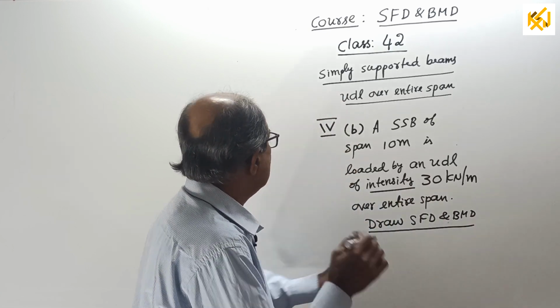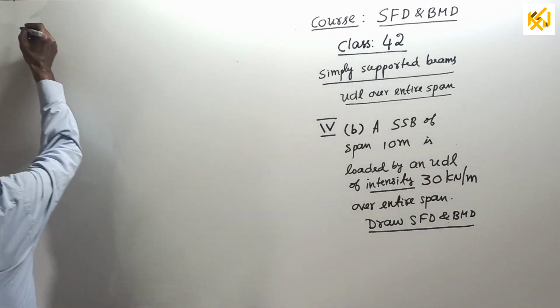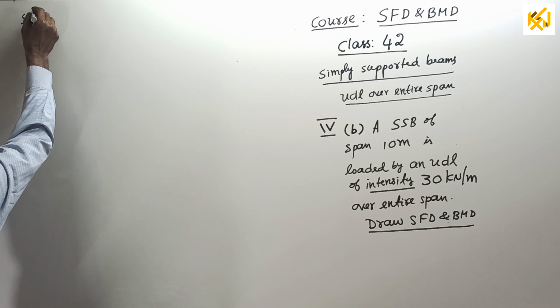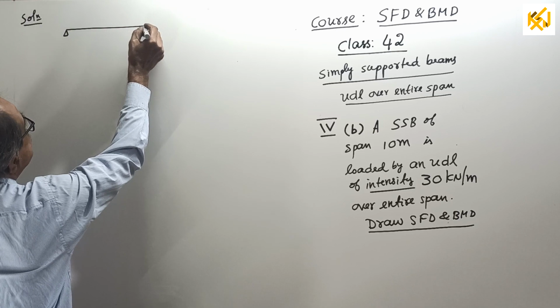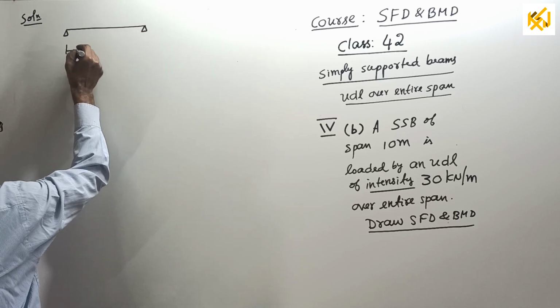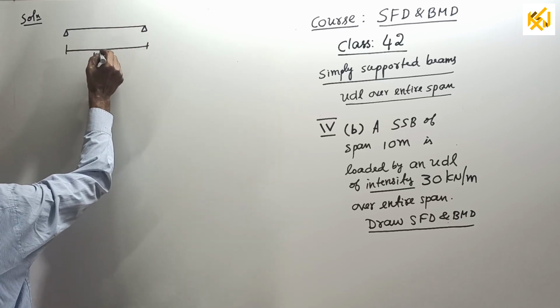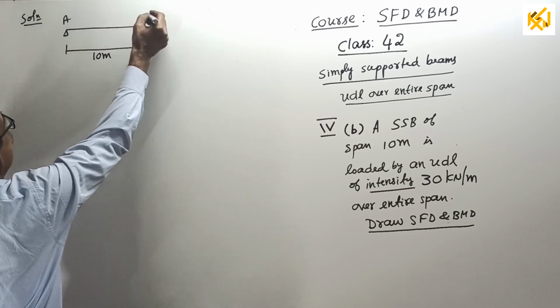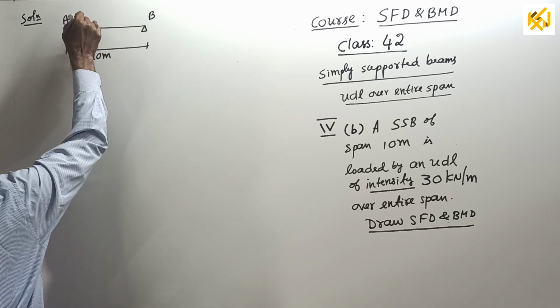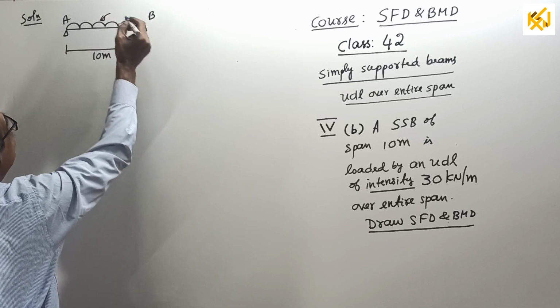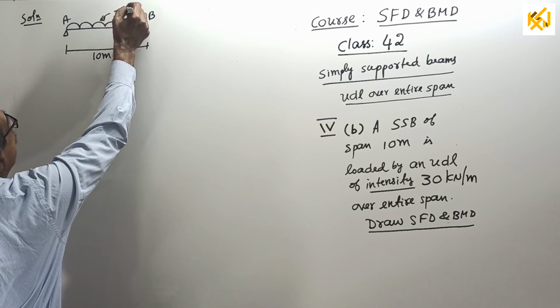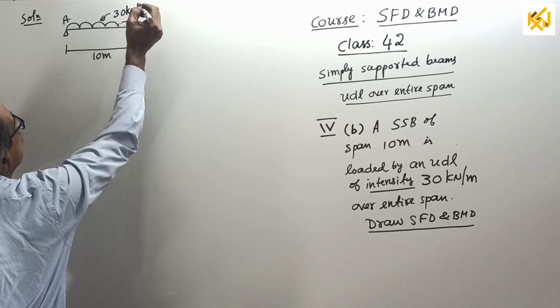So, I will start the solution here. Briefly, solution. I will write the beam here. Systematic means fully systematic. Beam span is 10 meter, A and B. I only told, u.d.l of 30 kilonewton per meter over the entire length.